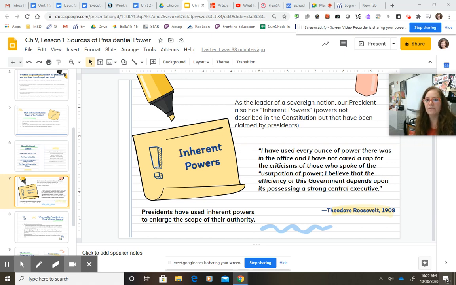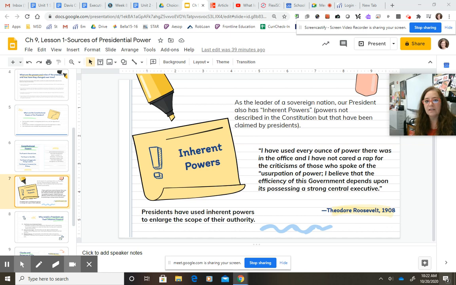Theodore Roosevelt was a very strong leader, a very strong person. He said, I have used every ounce of power there was in the office and have not cared a rap for the criticisms of those who spoke of the usurpation of power. I believe that the efficiency of this government depends on its possessing a strong central executive.